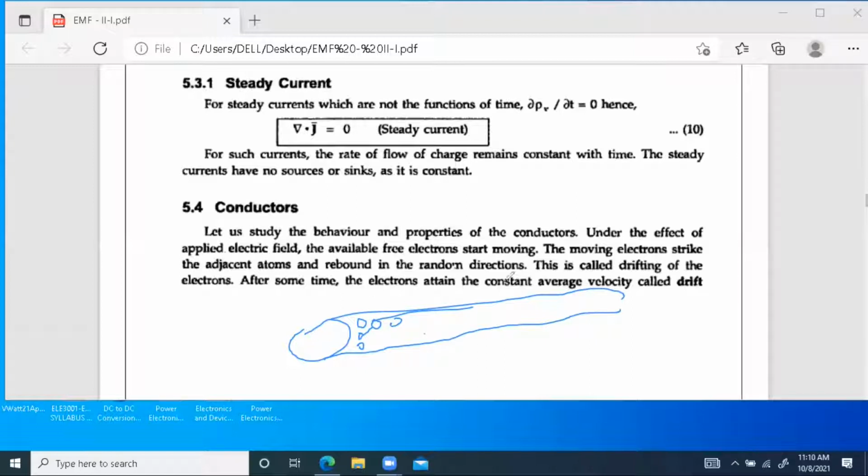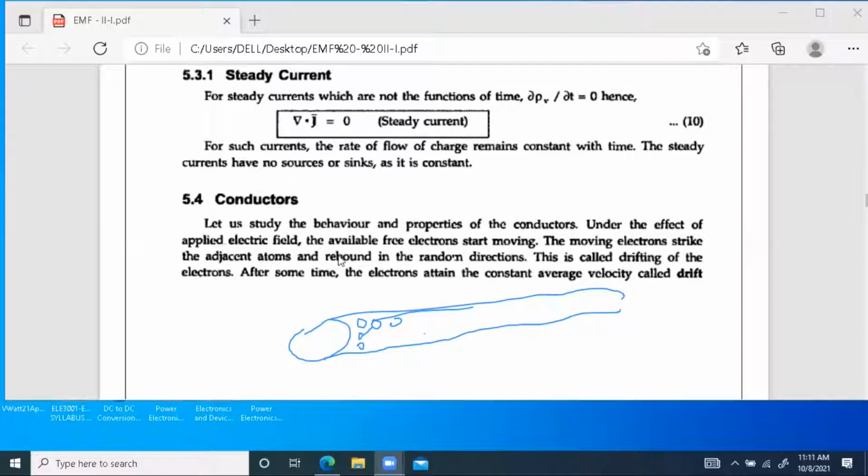So here we say the moving electron strikes the adjacent atom and rebounds in a random direction. So it's going all over the place.